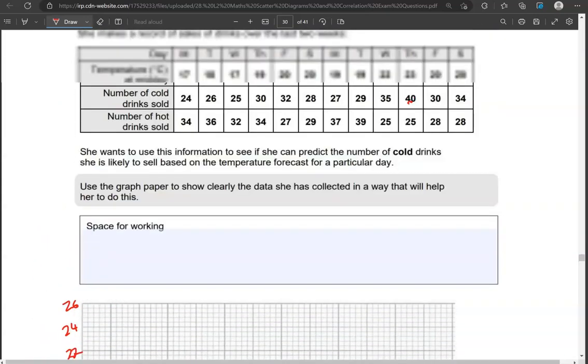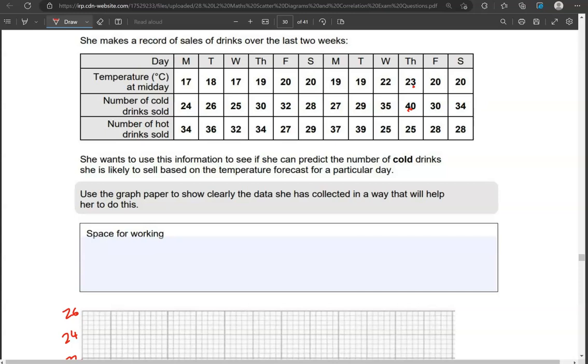Let's plot the points. So we've got first Monday, temperature is 17, number of cold drinks sold is 24.